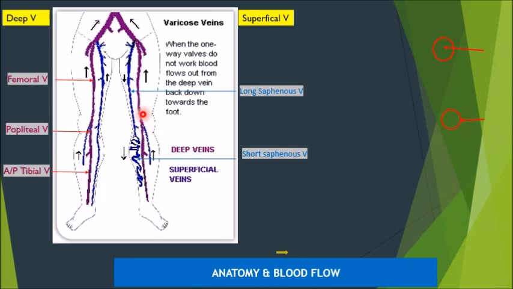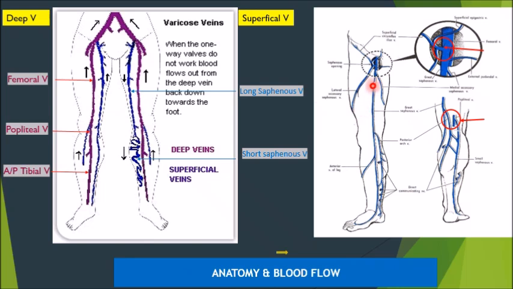So the blood flow is always from the superficial system to the deep system through these communicating deep perforators, and at the two junctions, the saphenofemoral junction and the saphenopopliteal junction.